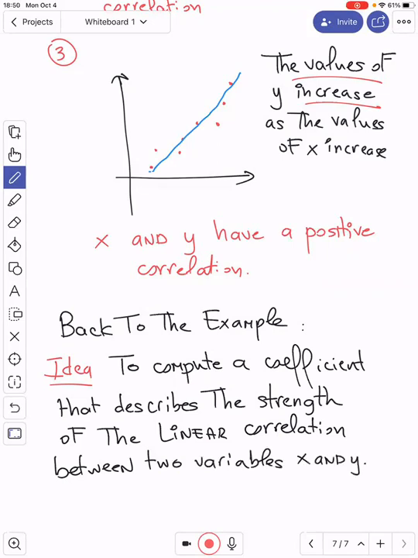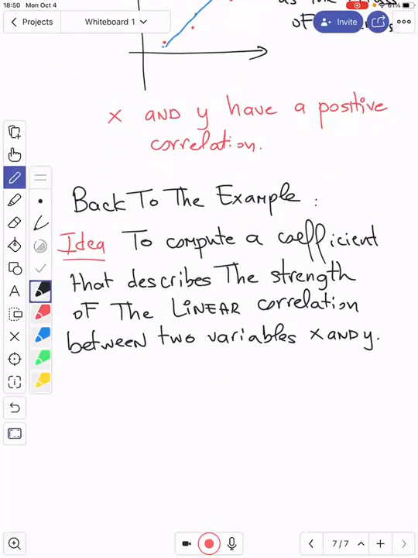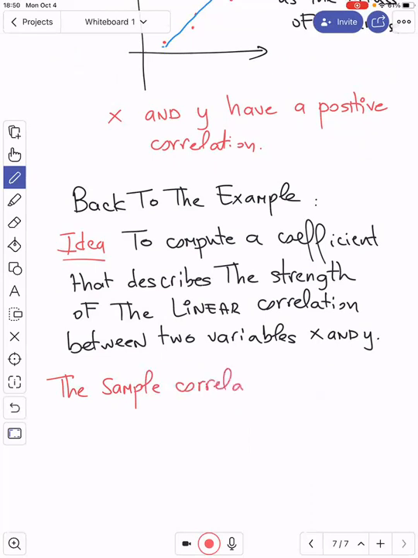Okay, so this coefficient, as I said, is called the sample correlation coefficient.